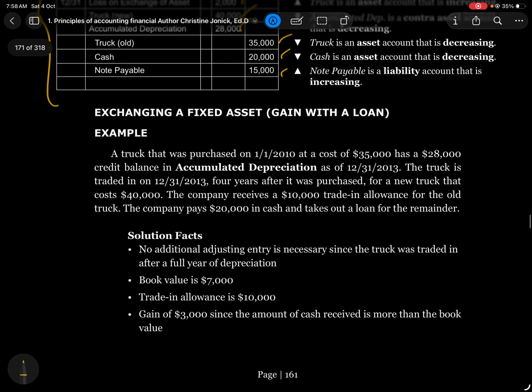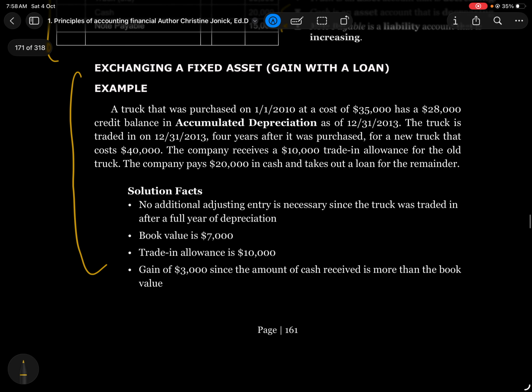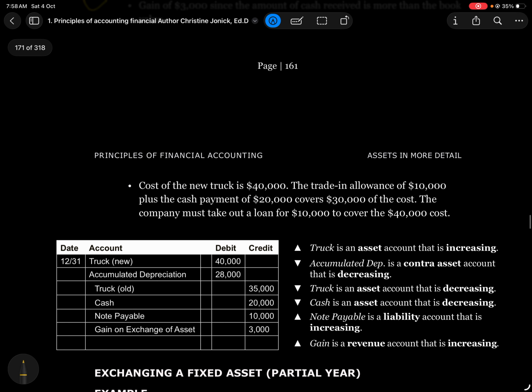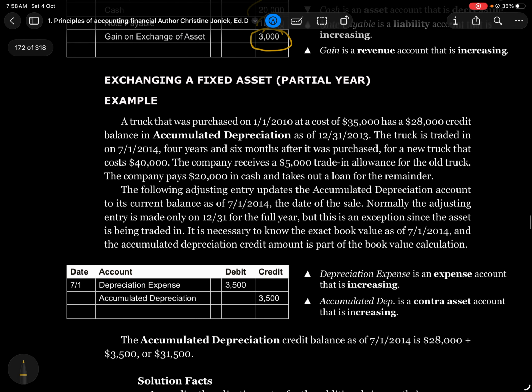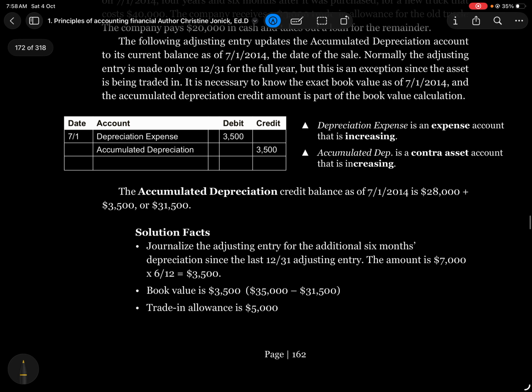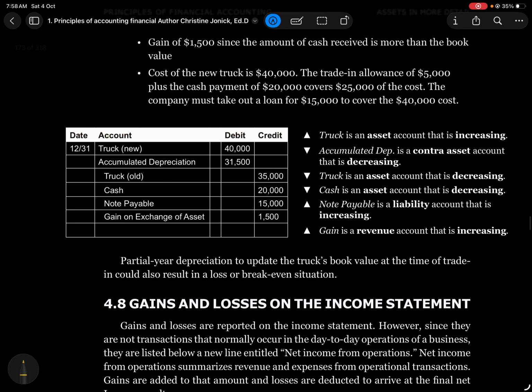Whenever we are exchanging any fixed assets with a gain, what would we do? We will definitely have to book the gain on the asset. So of course, debit the new truck, debit accumulated depreciation, credit your old truck, credit cash, notes payable. Similarly for partial year, calculate the depreciation until the month, and then determine your gains or losses.